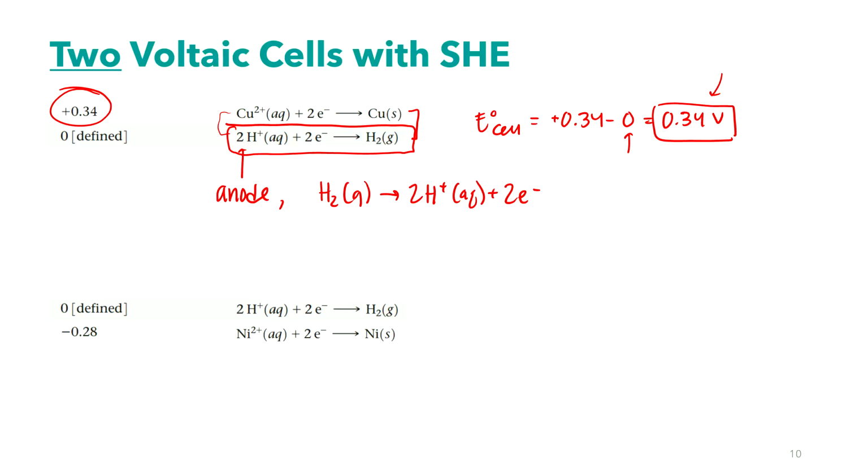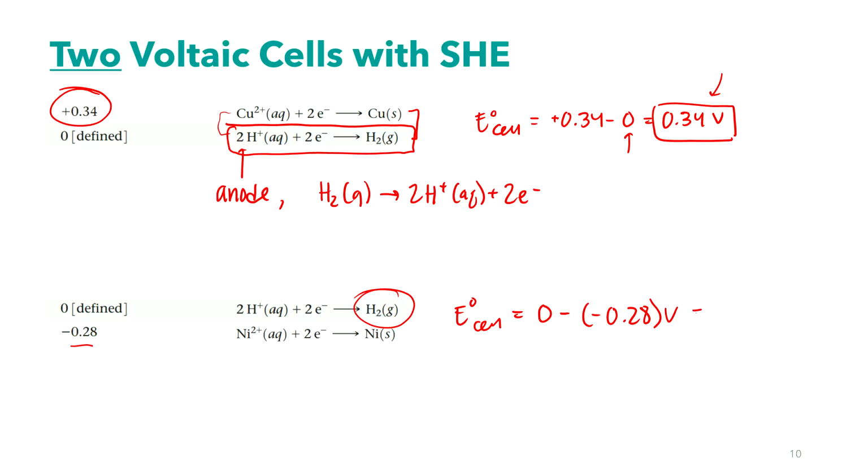In the next example down here, when I partner my standard hydrogen electrode with nickel, it turns out that my H+ wants those electrons more than nickel. And so when I hook them up, I actually get a negative voltage, which must mean, I'm going to have this as my definition, because I know I am generating H2 gas.